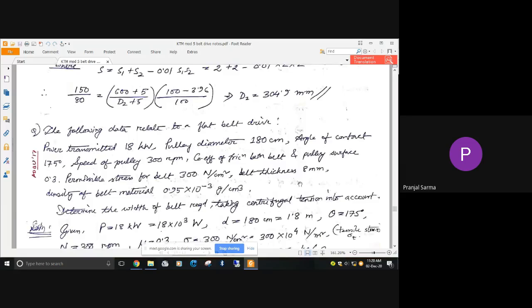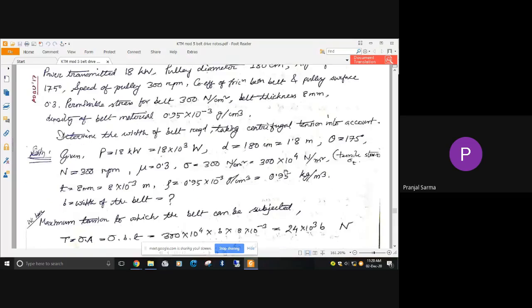And similarly, a belt designing problem we have also solved for a particular application. Like we know the power transmitted, some pulley diameter, etc., at what speed it is rotating, the coefficient of friction, and the permissible stress. Knowing those, we selected the other belt parameter, like the width of the belt, which will be required for that particular application.